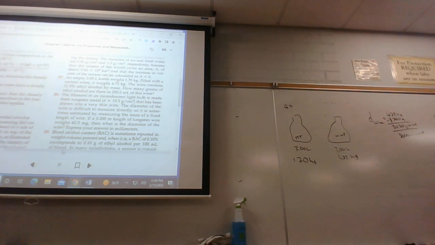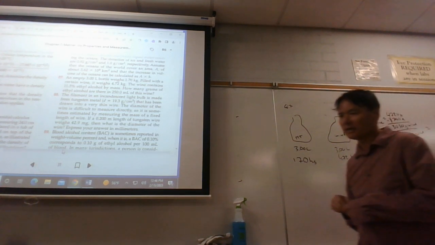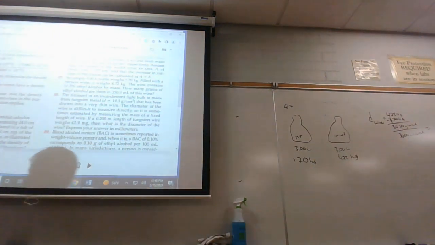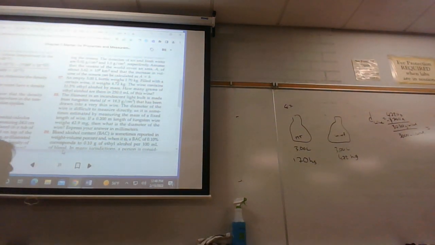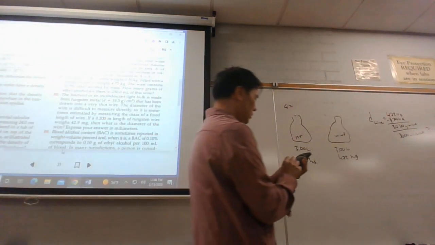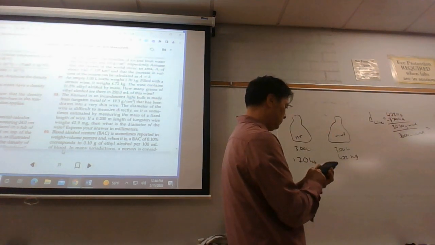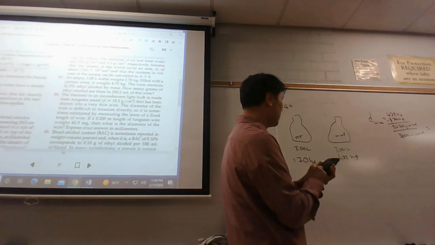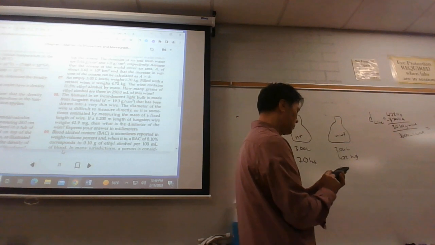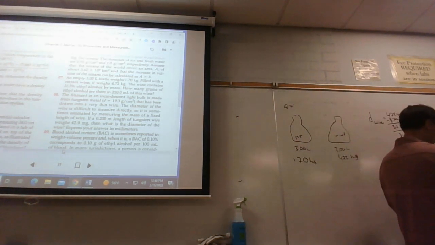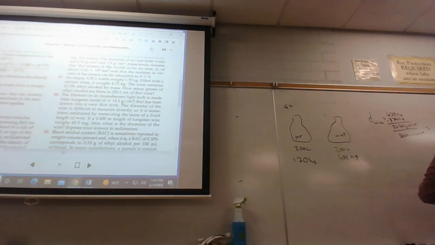I just did the conversion in my head. And so what does that give us for the density? 3,020 divided by 3,000 is 1.006 grams per milliliter. So very close to water.